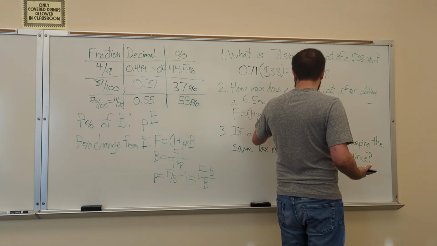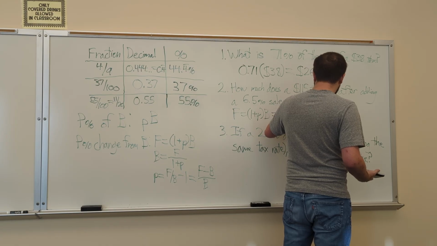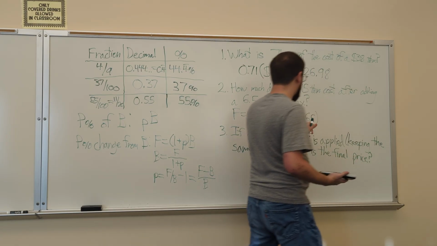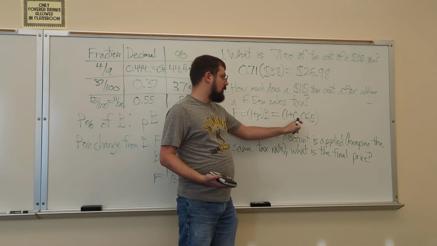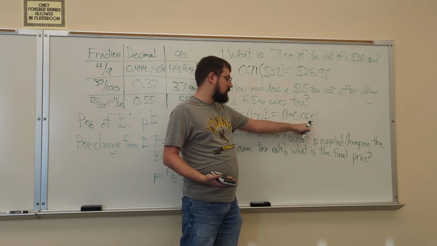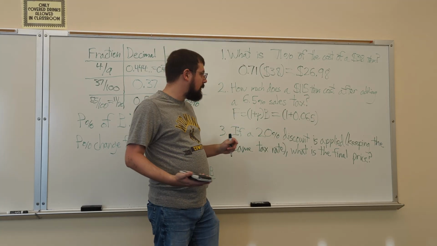So we would write this 1 plus 0.065. So 0.065, this is 6.5% expressed as a decimal. Note if we move this decimal over 2 places to the right, we get 6.5 back. So that's how we can sort of check that.